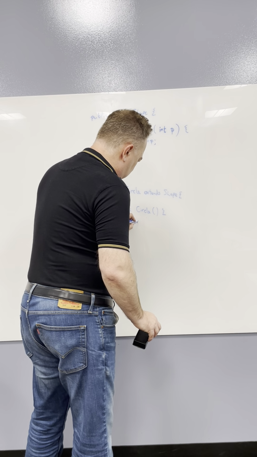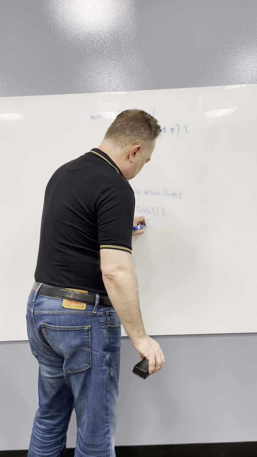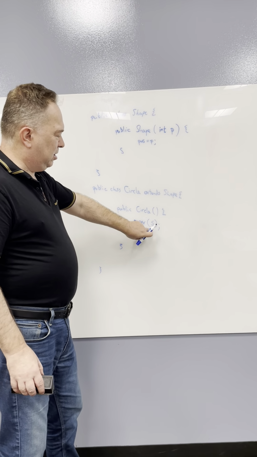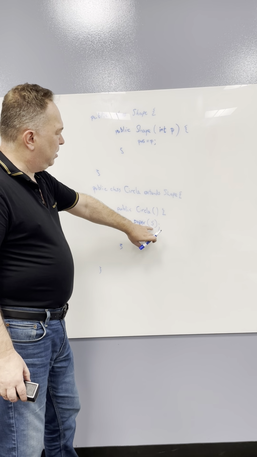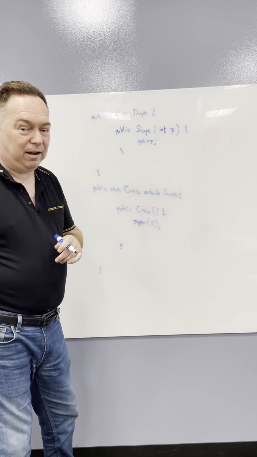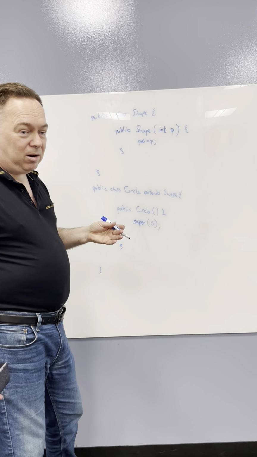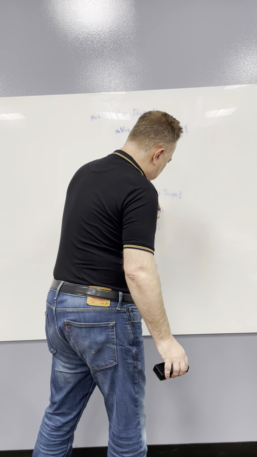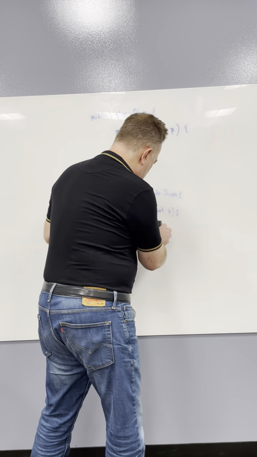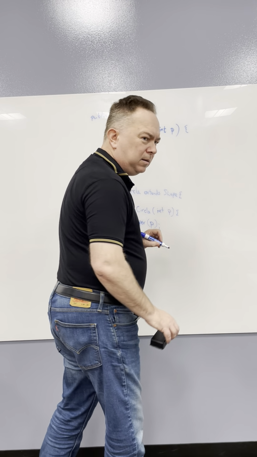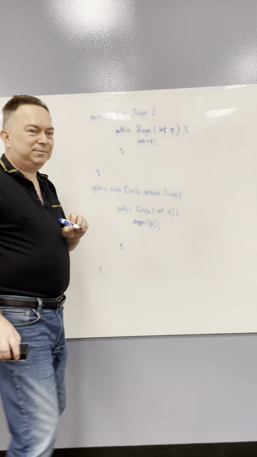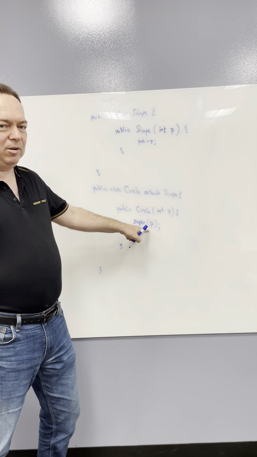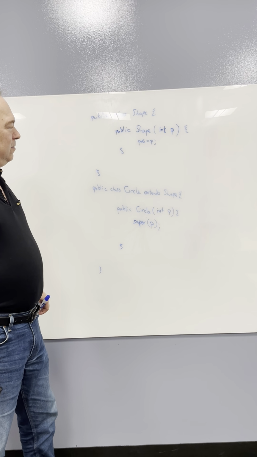So we'd say super. Here I'm passing just a hardwired value, 5. So it's going to construct a shape with the position 5. But it doesn't have to be hardwired. It can also be this. Here I've got a parameter that I'm just passing along to super. That's all it is.